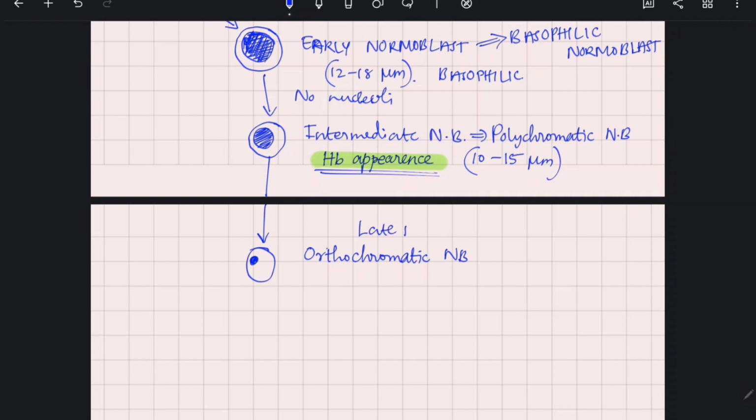Okay, so it is also round, but the nucleus is shrunken very evidently, and it is eccentric. Eccentric means it's shifted from the center of the cytoplasm towards the periphery.